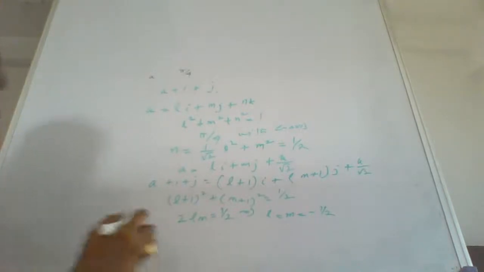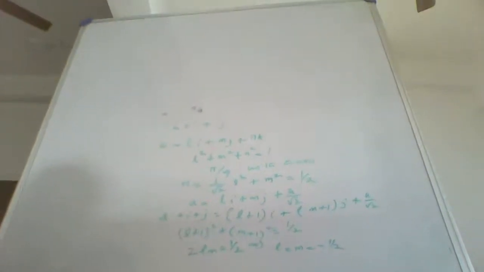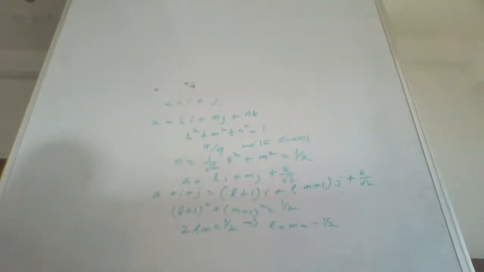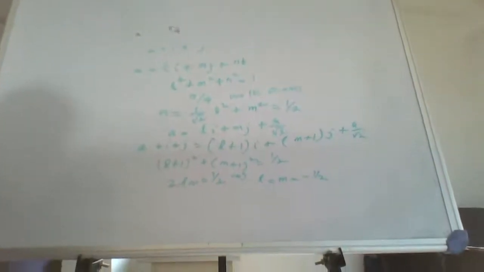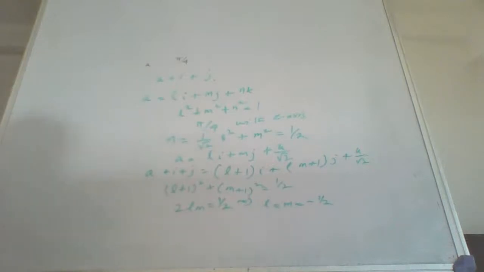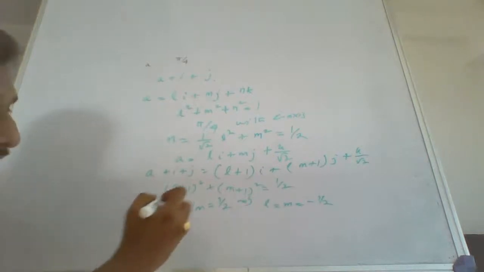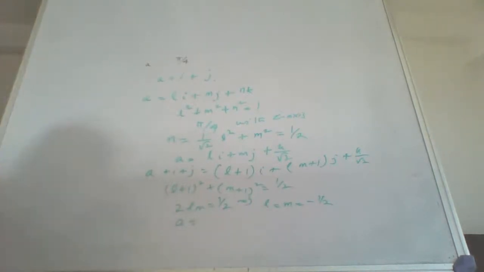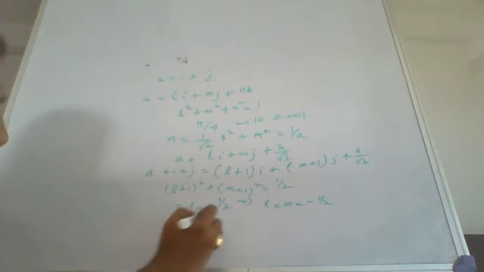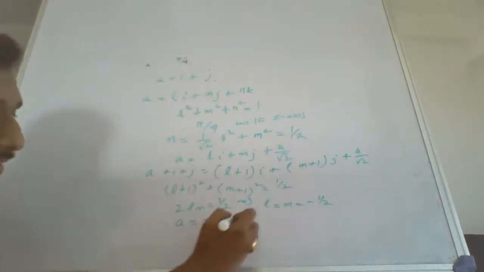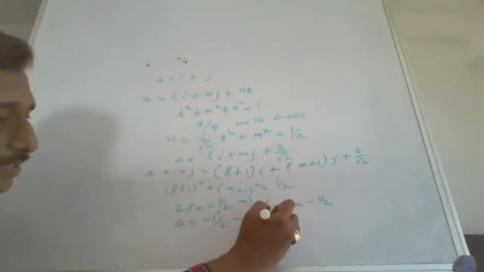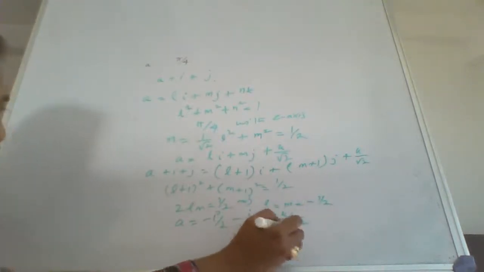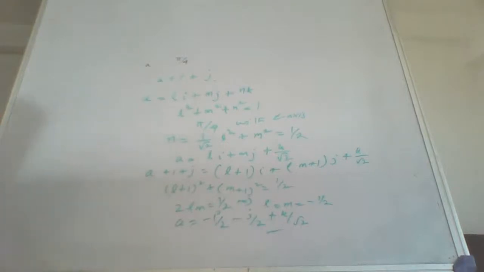So you have completely the vector. The required result will be a is equal to minus i by 2 minus j by 2 plus k by root 2. So this is the required result.